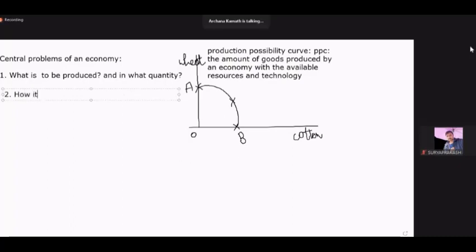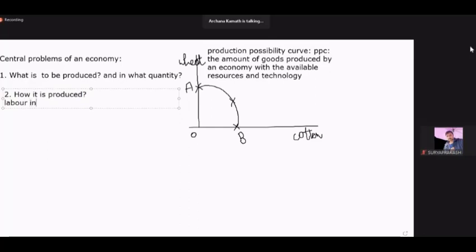Now, the second serious question that comes forward is, you have already decided what you have to produce, whether you should give importance to the production of wheat or cloth. And next, your decision is how you are planning to produce it. You basically have three techniques, but two important techniques which we are all familiar with.